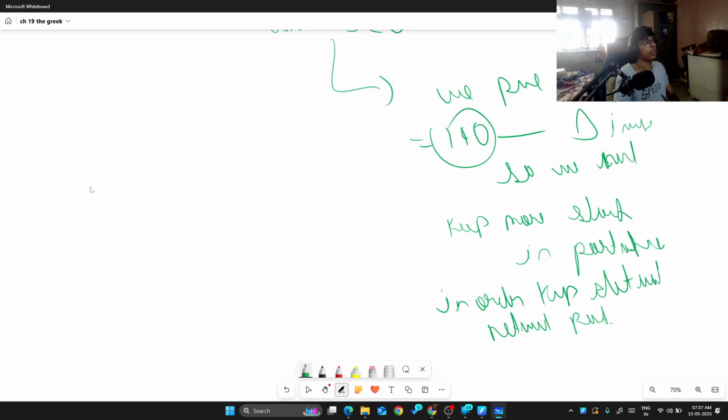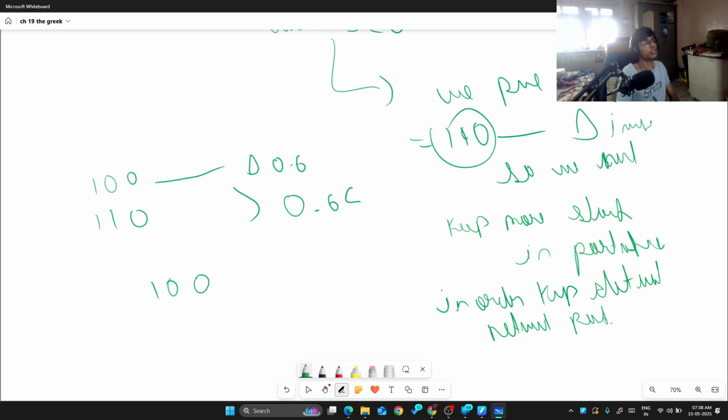In simple way, for 100 the delta value was 0.6, for 110 the delta value should be different, right? Delta value would be what? It goes to 0.65, so it increased.